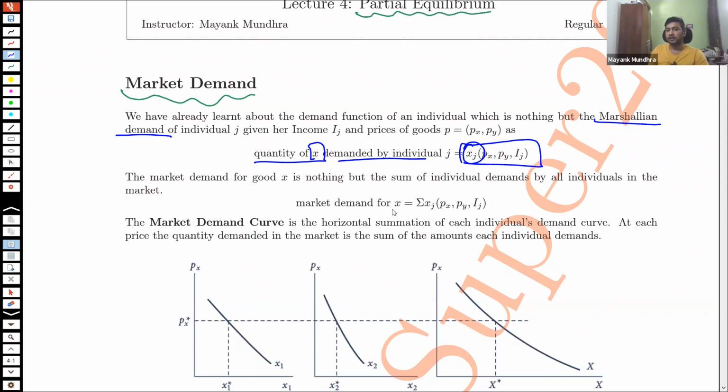So the total market demand is the summation of demands coming from all the individuals in the market. So suppose the market consists of just the market of Delhi. Everybody who's living in Delhi, the demand of all these people summing up together would give you the total market demand in Delhi.